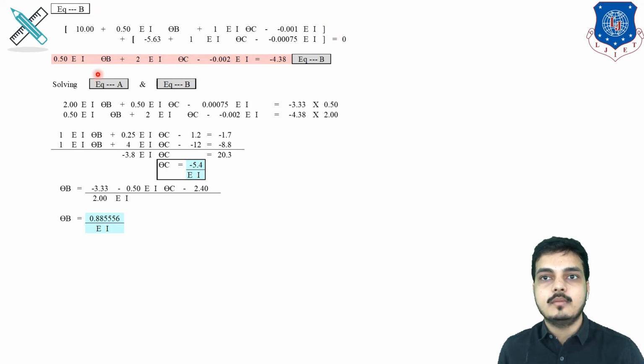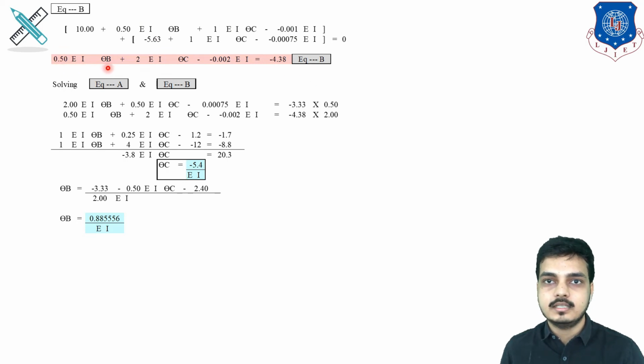After solving this, I will be getting my equation number B. So 0.5 EI theta B plus 2EI theta C, because it is 1 EI theta C over here, also here 1 EI theta C is given. Now the EI terms, this one and this one, I have summed up and kept over here, and plus 10 and minus 5.63 will be going to the opposite side of equals, which will be minus 4.38. So this is my equation B.